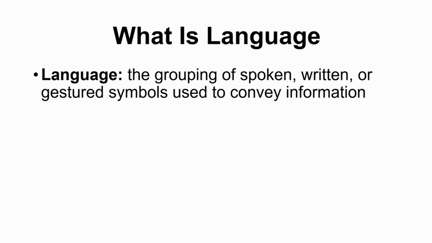So I'm doing that here with spoken, but also written language because of the words on the slides. But I will also specify that while we do acknowledge that there are multiple formats for language, written, spoken, gestured, almost all the research we'll talk about in this chapter is focusing on spoken language.